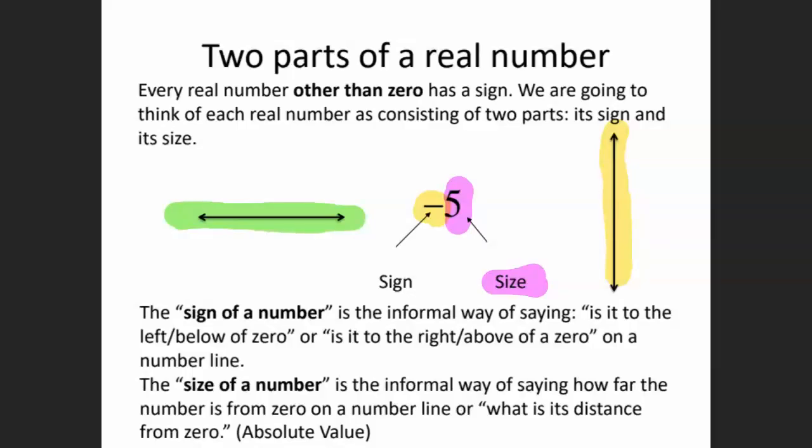So you have the sign, which can be positive or negative, and you have the size. The size is how far the number is from 0. So when they talk about size or distance, that's the number.